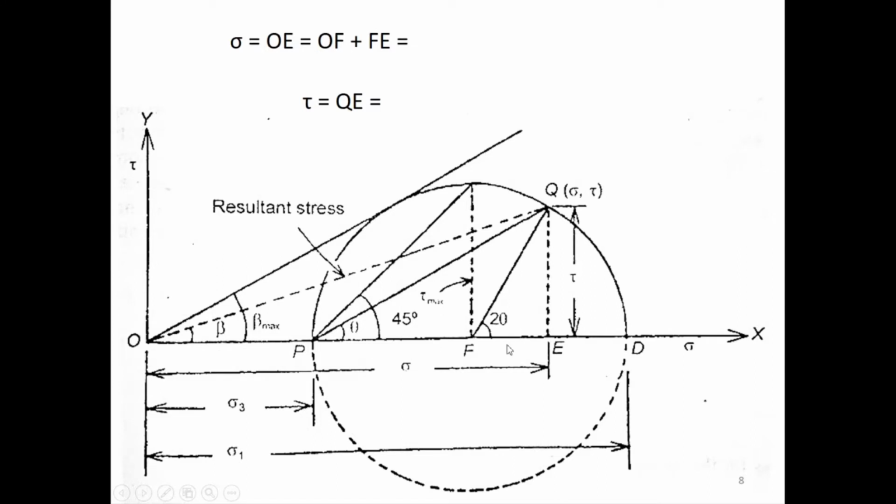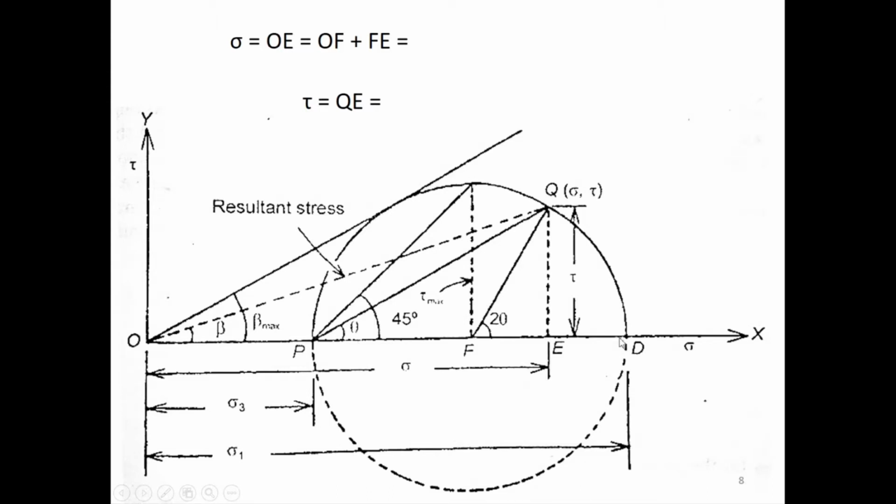Now, keeping F as the center with that radius, I will construct a circle which I call the Mohr circle, which this graphical method was devised by Mohr in 1882, as we discussed in the last class. So now I have this circle, right?